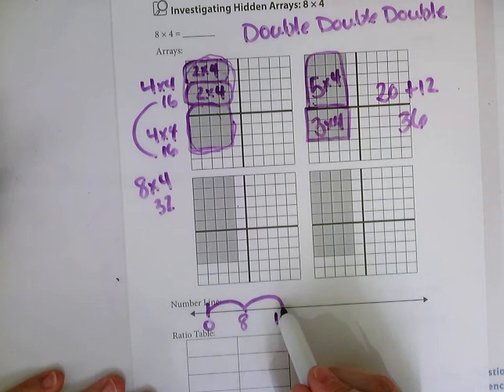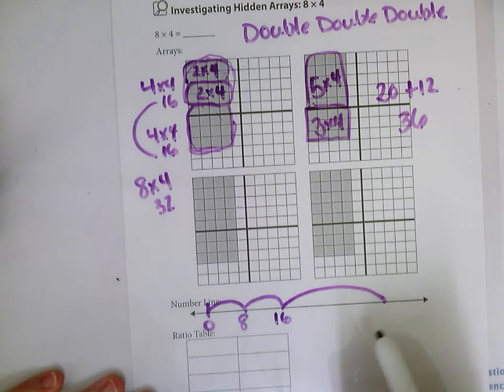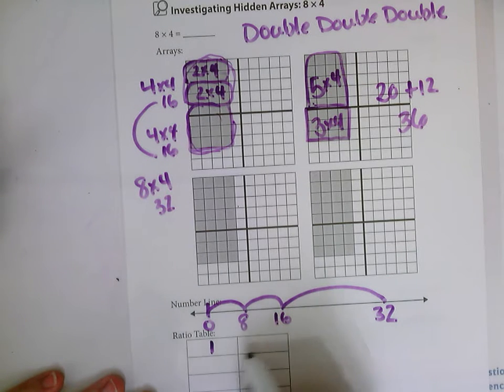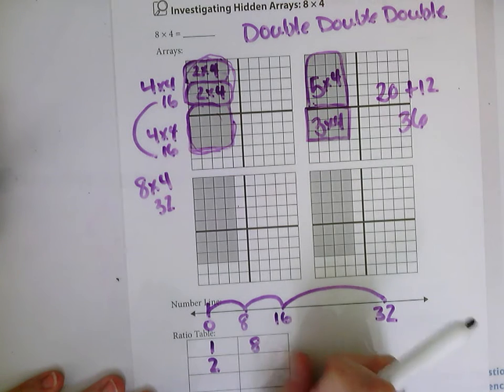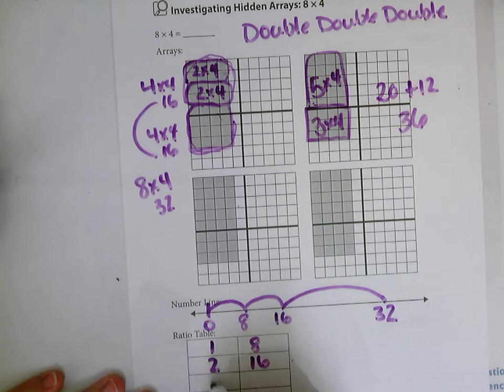And then I'm going to double my 16 to get out to 32. All right, and I can show that on my ratio table. 1 times 8 is 8. 2 times 8 is 16, sorry. And 4 times 8 is 32.